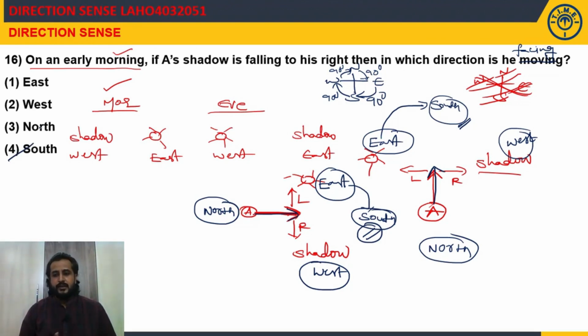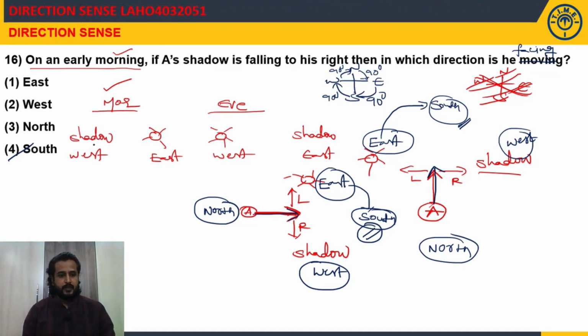So choice 4. Because here we are not deciding the directions initially. Based on the shadow and sun locations, we are deciding the directions. So if you take the person in any direction, you will get the same answer. Here direction does not mean east, west, north, south.